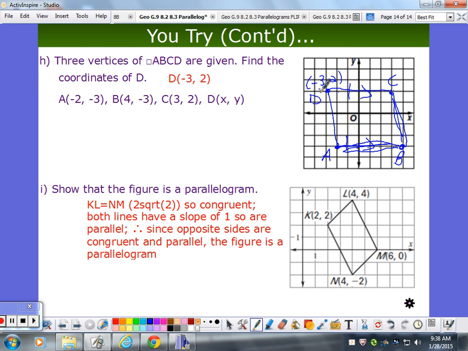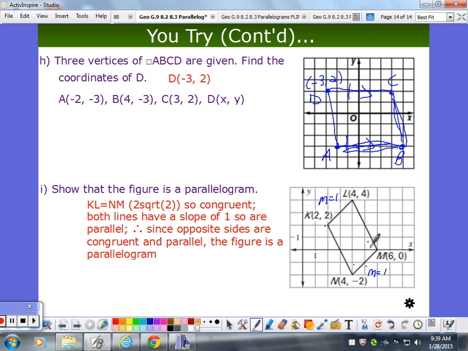Now this one, show that the figure is a parallelogram. Again, you've got all kinds of choices. You can find the slope of all of them and show that they have the same slope all around. So what's the slope of this guy? Let's see, this is positive slope up to, right, oh, this is the slope of 1, right? Let's check the opposite side. Up 1, right 1, up 1, right 1. That also has a slope of 1.